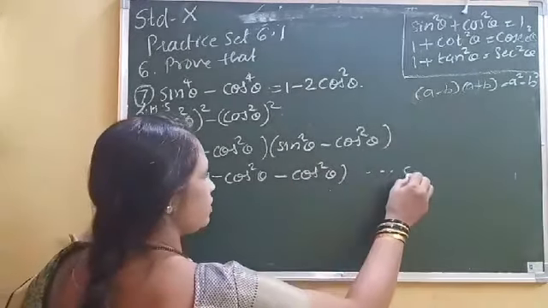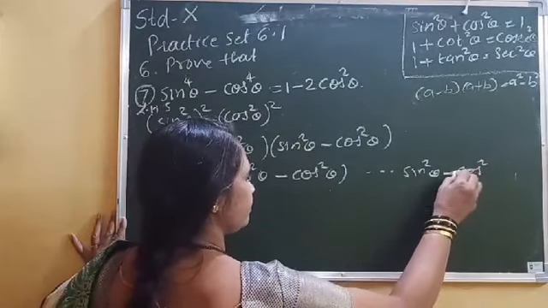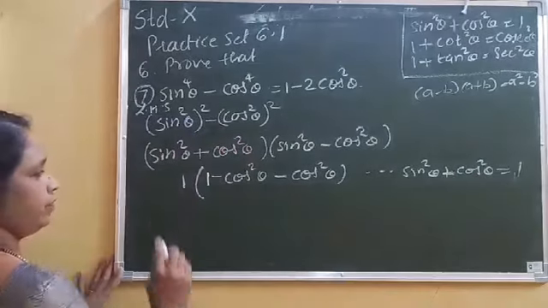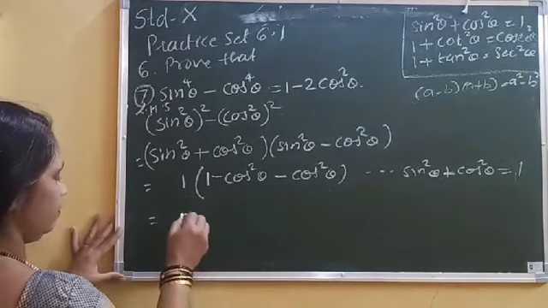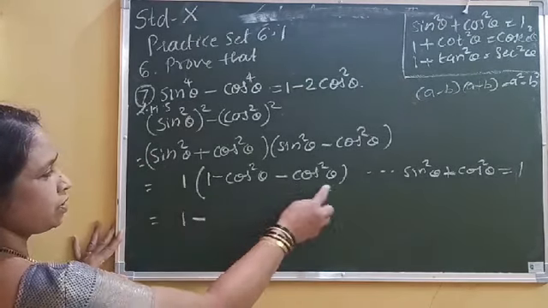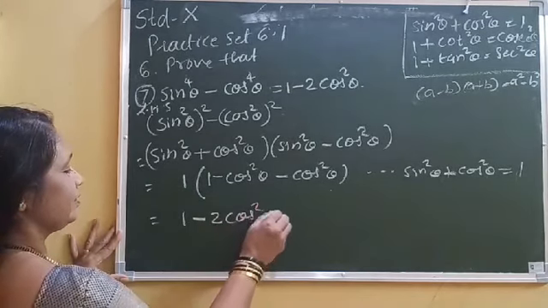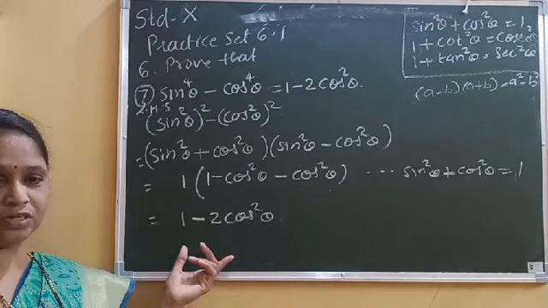Here 1 minus cos square theta and minus cos square theta means 2 cos square theta.